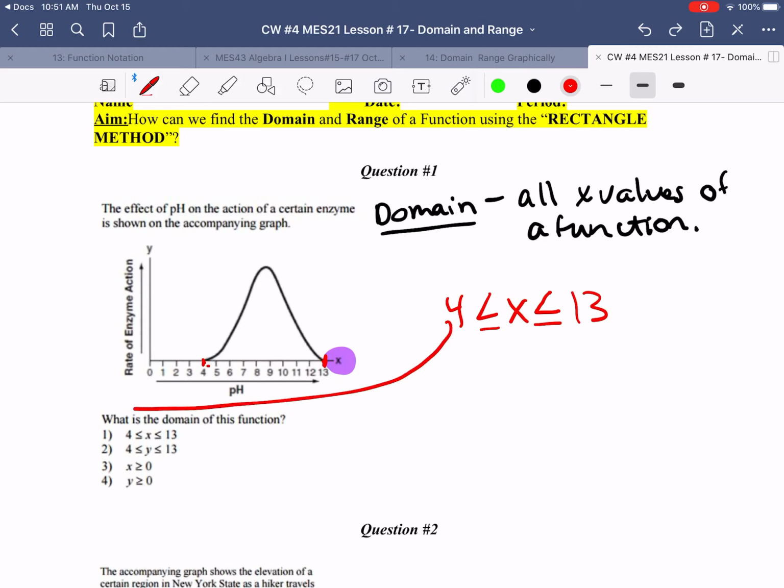So what option is that? It's this, right? Because it's not this, because this is talking about y. It's not this because this is 0. This would say that all the x values are greater than 0. That's not true. And we're not talking about y again. So we know that the answer is 1. On the Google form or on the worksheet on Google Classroom, just select option 1.